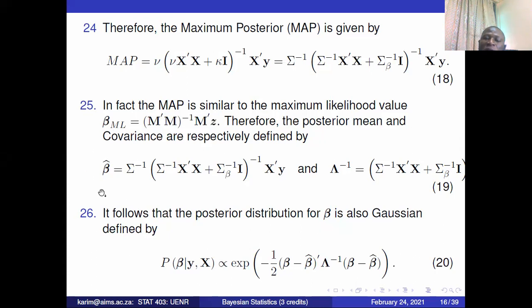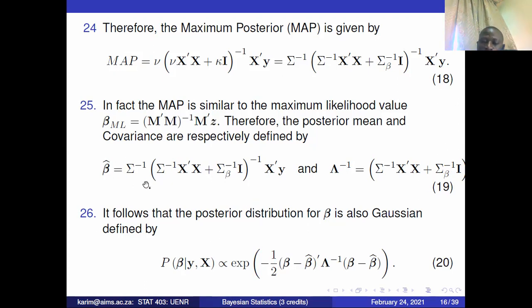The posterior mean is defined by this, and the posterior variance is defined by this. So we know our posterior mean and our posterior variance.